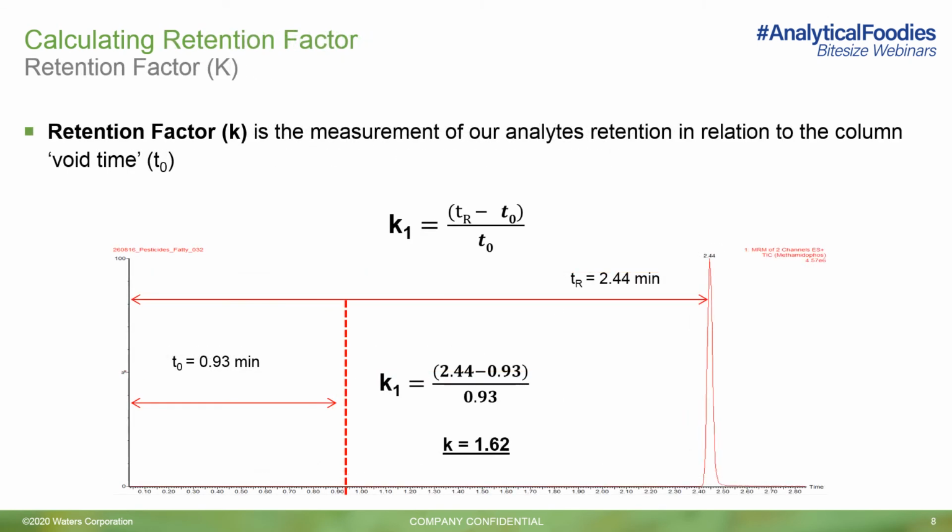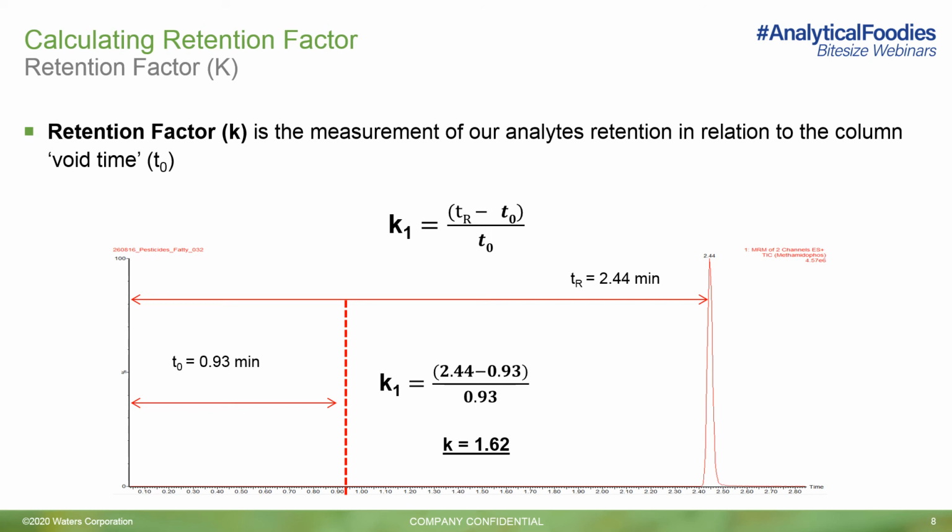Calculating the retention factor of our early eluting pesticide, methamidophos, is another way to confirm whether or not we have sufficient retention for that analyte. Retention factor, or k, is a measurement of our analyte's retention in relation to the column void time, T0.